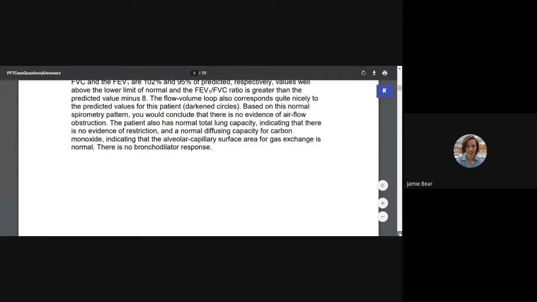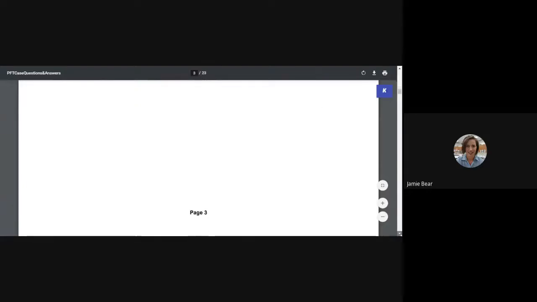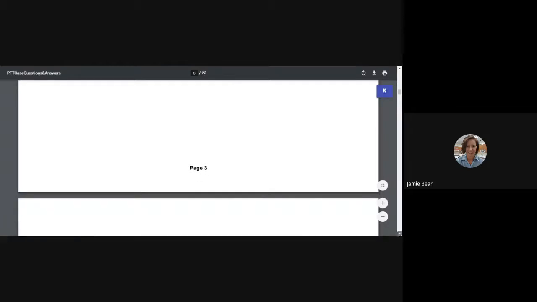Based on this normal spirometry pattern, you could conclude that there is no evidence of airflow obstruction. This patient has a normal total lung capacity, indicating no evidence of restriction, and a normal diffusion capacity for carbon monoxide indicates that the alveolar capillary surface area for gas exchange is normal. There's no bronchodilator response. So he's in pretty good shape.